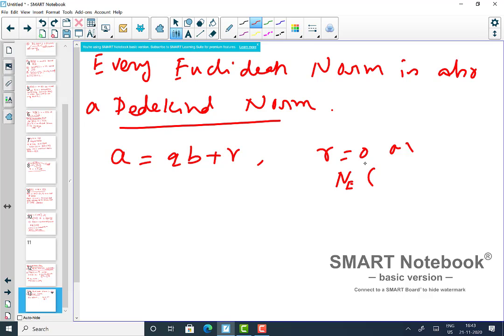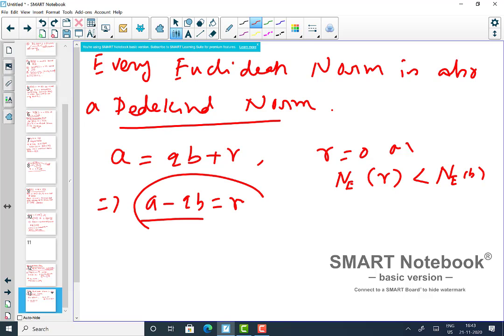The Euclidean norm itself becomes the Dedekind norm in this case. What does that mean? That means a minus qb equal to r, right? So this is the element which belongs to the ideal generated by a and b, and this element has norm less than b, right? This is what I am asking.